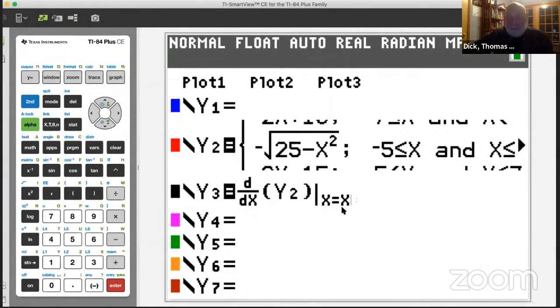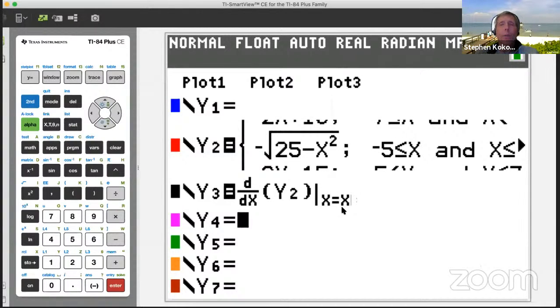This variable x is being used in a couple of different ways in this same expression. And we as mathematicians probably wouldn't write anything like that on a piece of paper with a pencil. And we'd hope that our students wouldn't write anything like that on the AP calculus exam. Yet that's the calculator syntax, right? Is there a way around that?